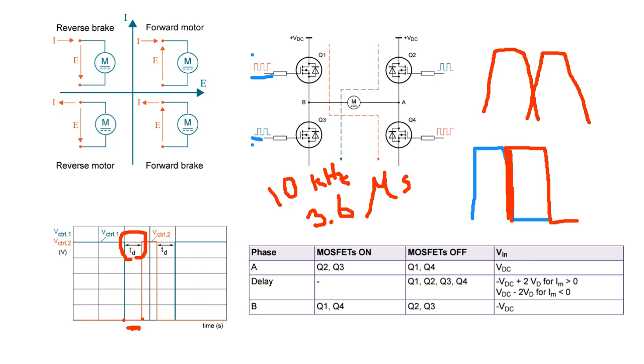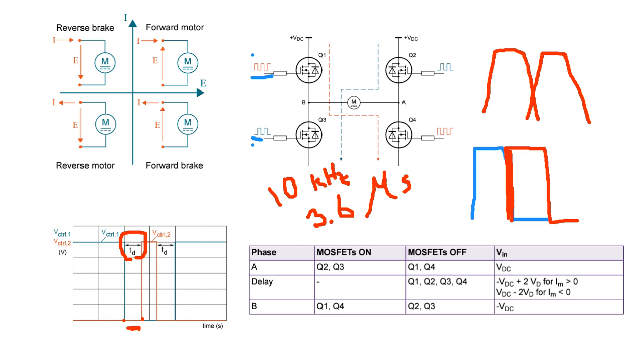It's very important. In your simulation study, switching components are ideal, so we cannot add any dead time. In the real application, if you use a real MOSFET, you must add that time.